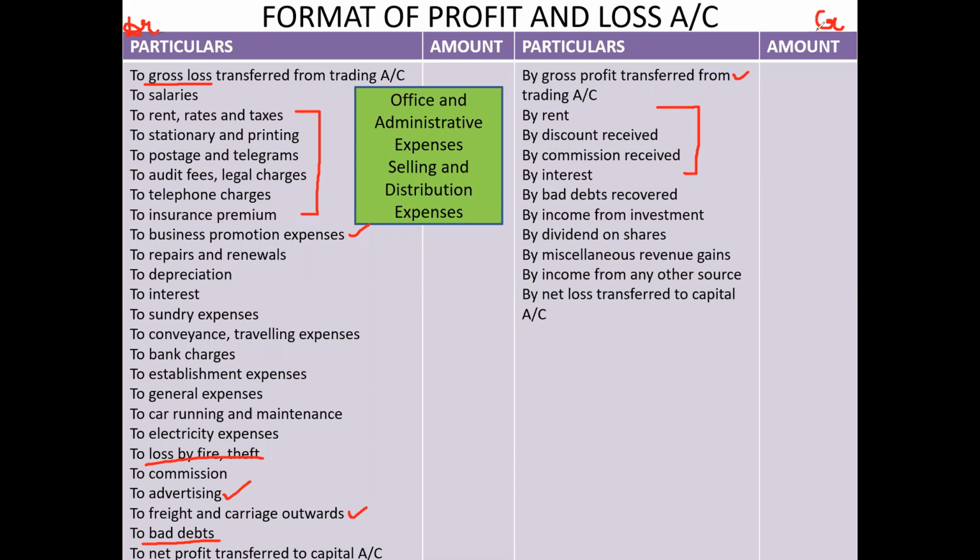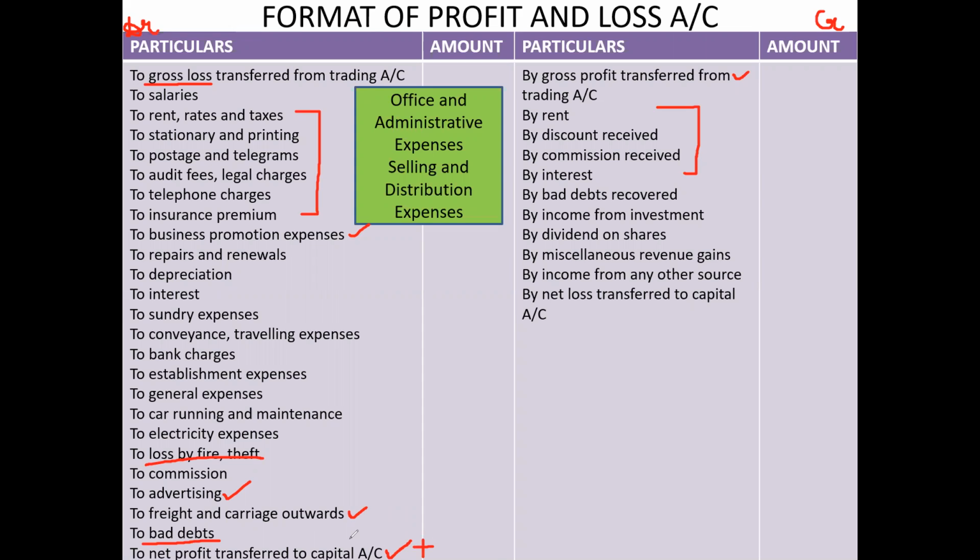And if my credit side total is greater than the debit side, then we are going to get the net profit. You can see the last item on the left hand side, the debit side, is your net profit, and this net profit is added into the capital, and the capital is shown on the liability side of the balance sheet.